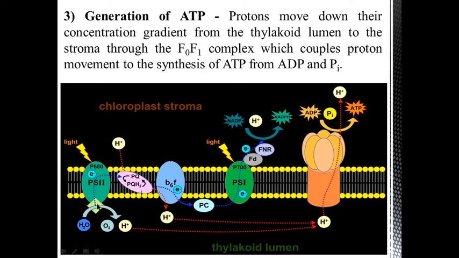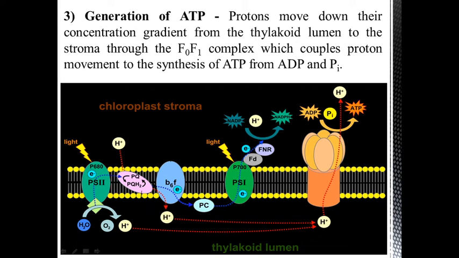Now what happens? These excited electrons move towards the plastoquinone, then move towards the cytochrome b6.